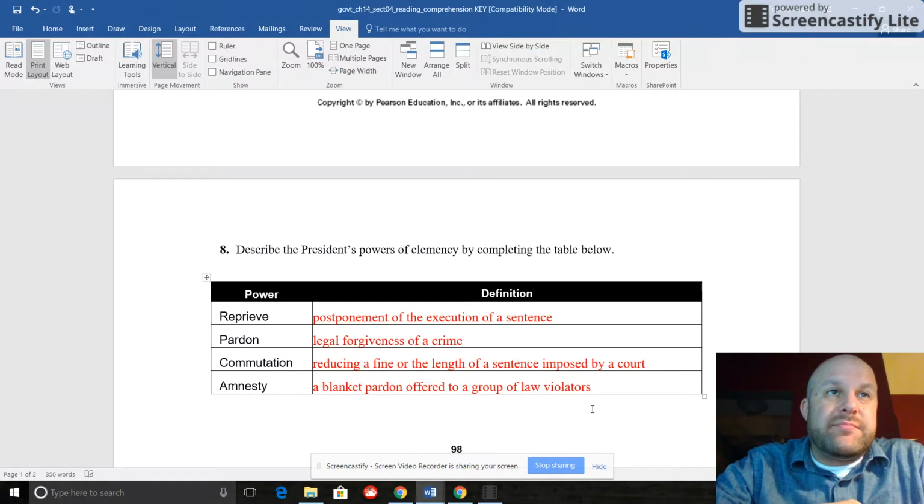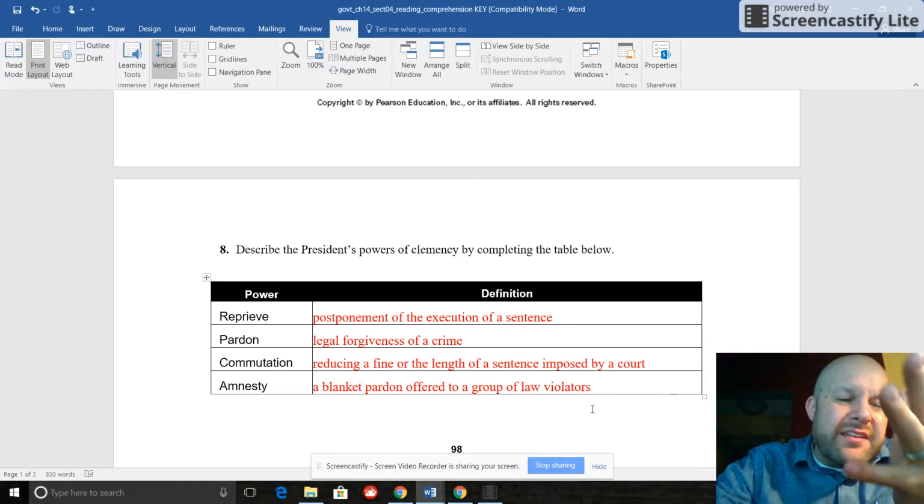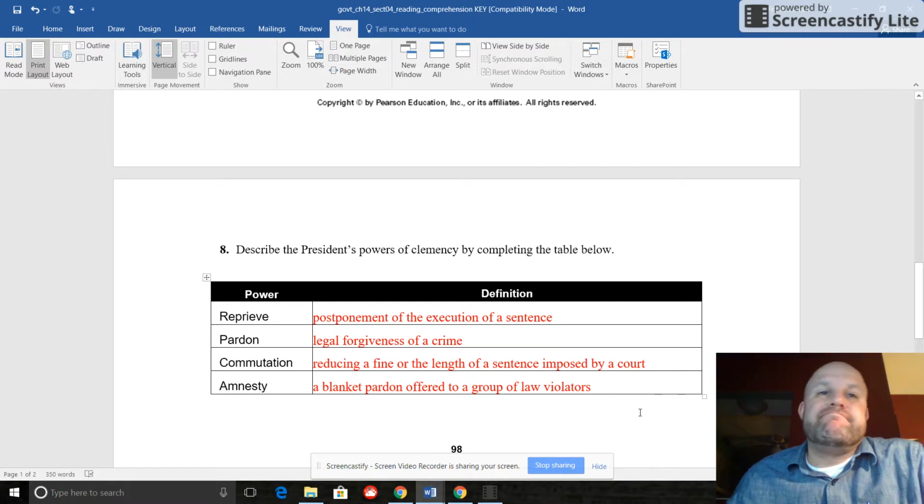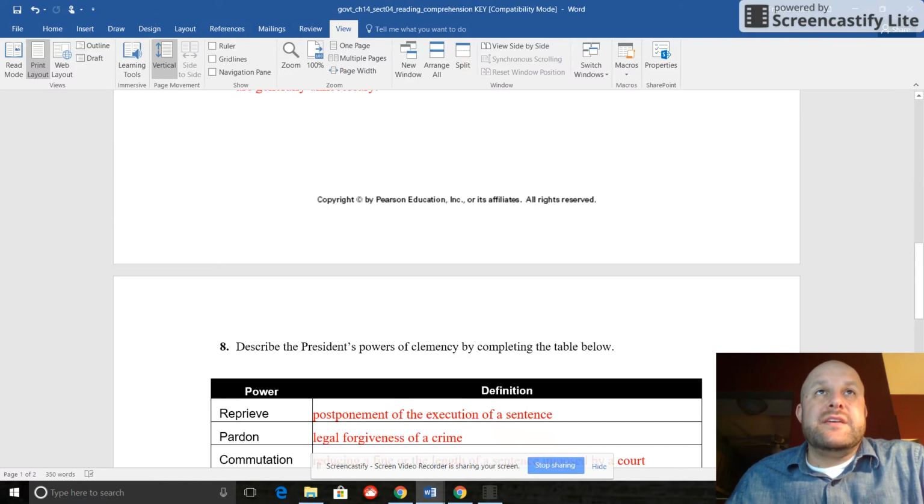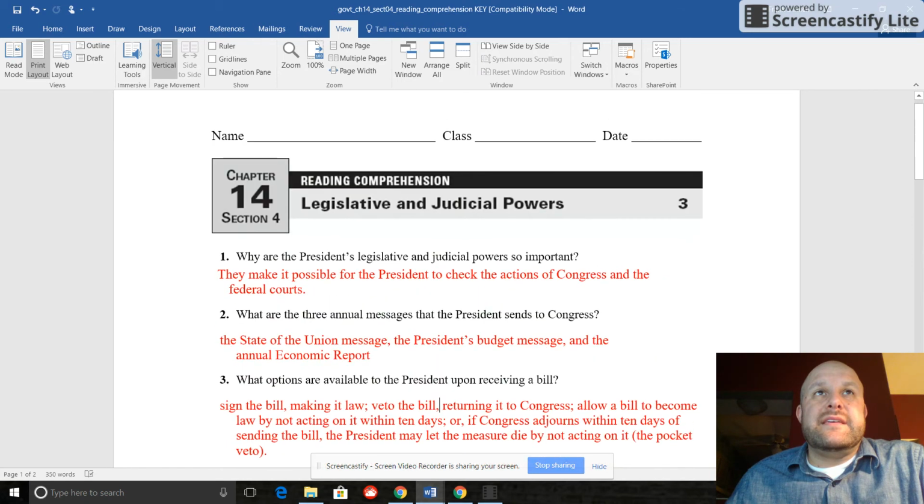So that would be an example of a president using his pardon power. Often they use it toward the end of their term to avoid hearing a lot about a political backlash. So again, that covers a little bit on the legislative and judicial powers of the president.